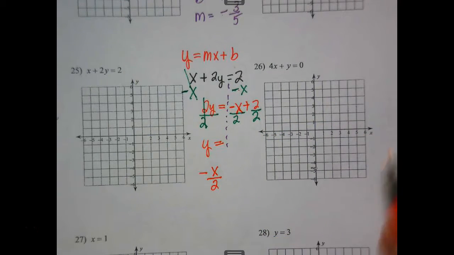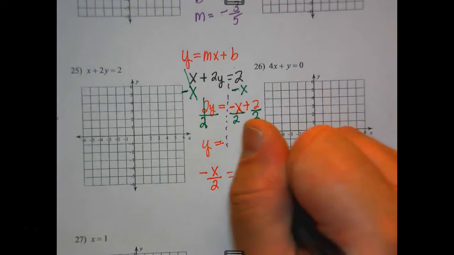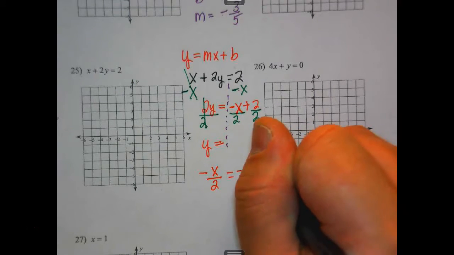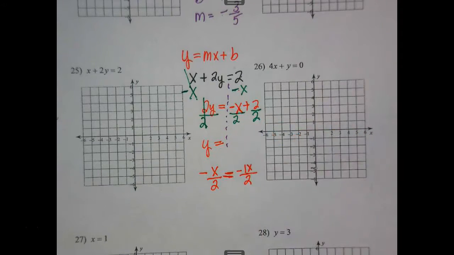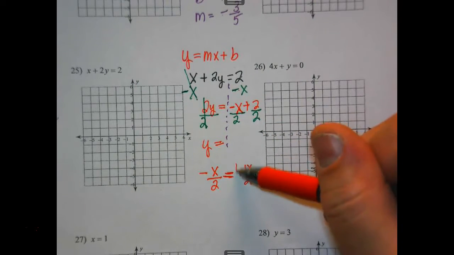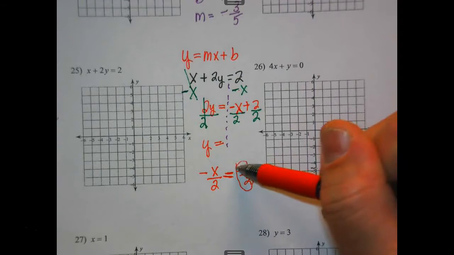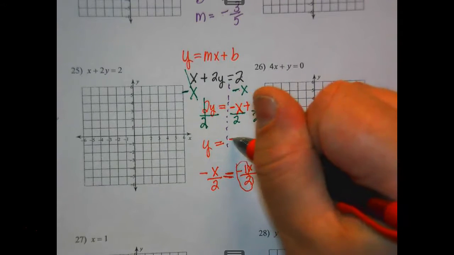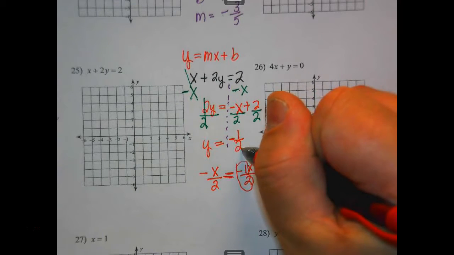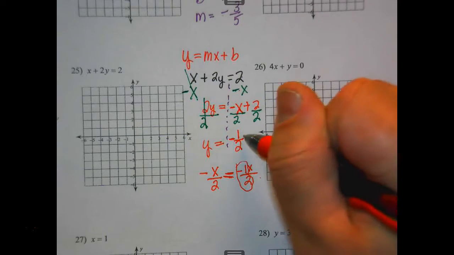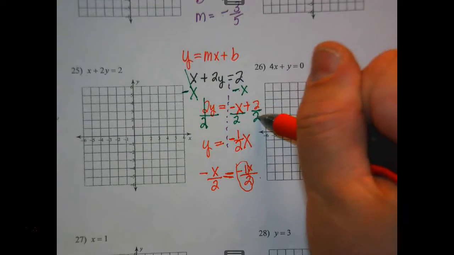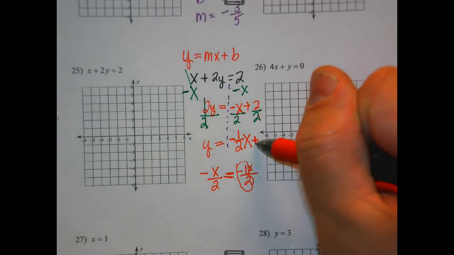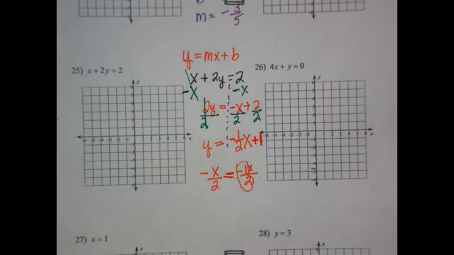We just normally don't write it. So this is actually negative 1x over 2. So my fraction here is negative 1/2. And I'm going to put the x on the outside. And then positive 2 divided by 2. Anything over itself, 1.